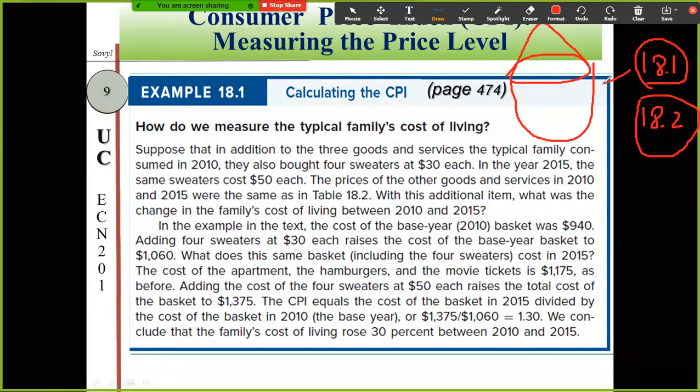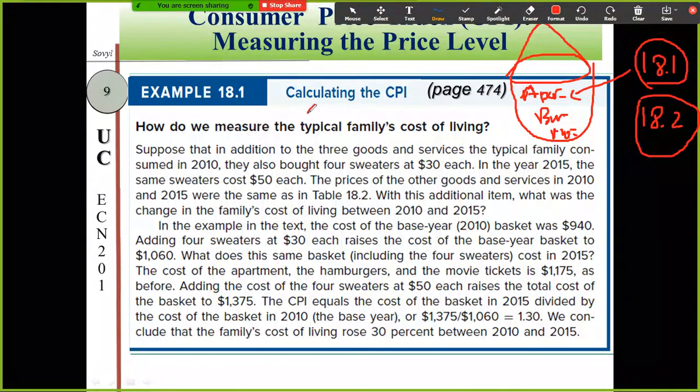Remember that in 2010 the typical family or household buys what? They rent an apartment, they buy a burger, they buy a movie ticket. So three items. Strictly, an apartment is a service and a movie is a service, so this is two services and one good together. So there are three items in the basket.